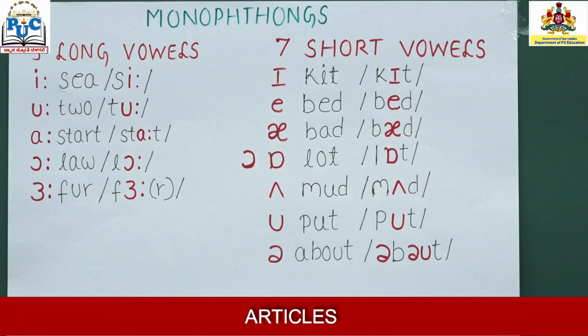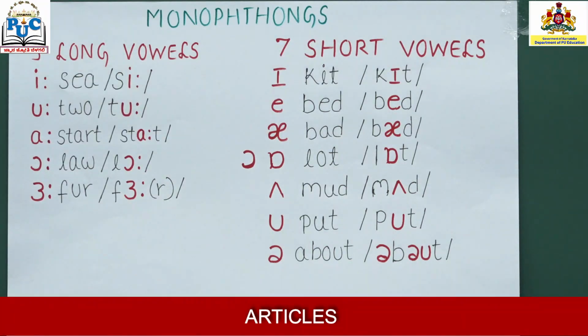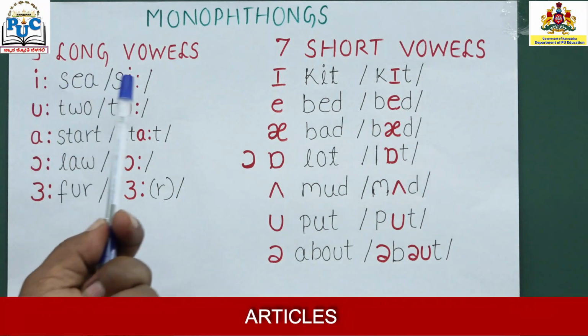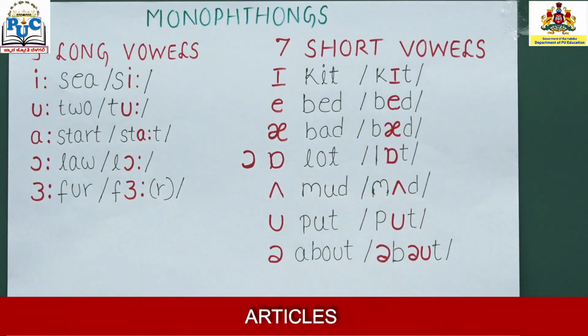Now, the monophthongs are further divided into long vowels and short vowels.